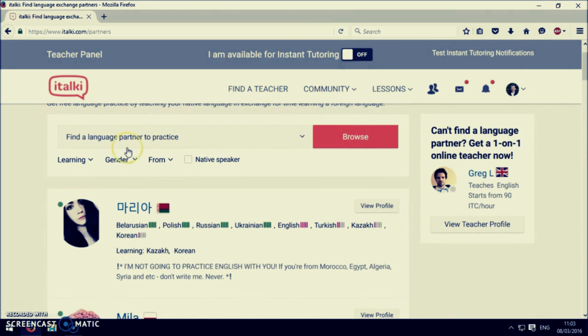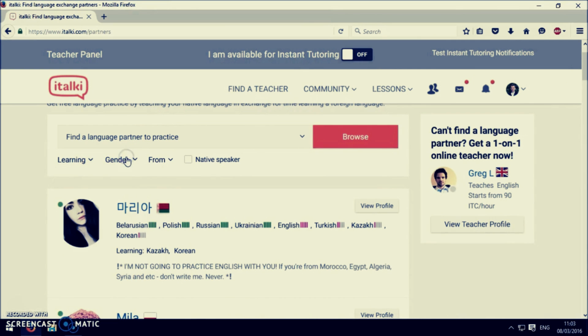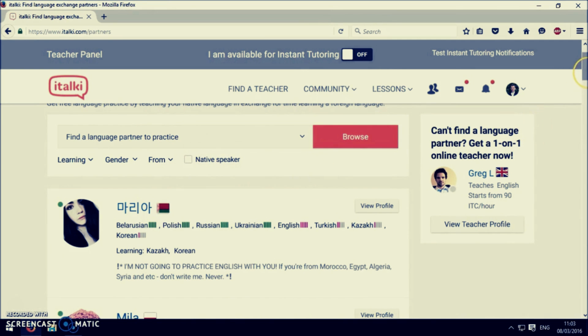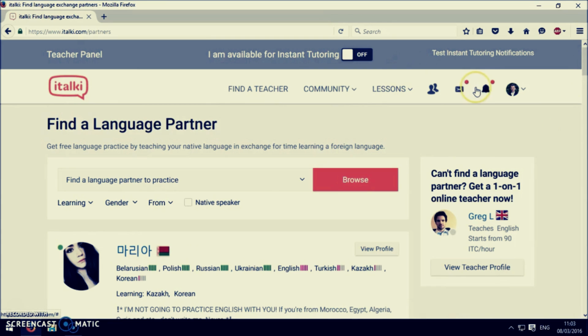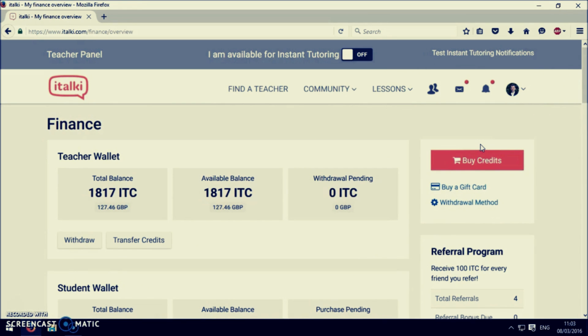You can sort by language, gender, which I always think is a bit strange, whether they're a native speaker, where they're from, so that's good. In terms of then buying credits, maybe that would be interesting.